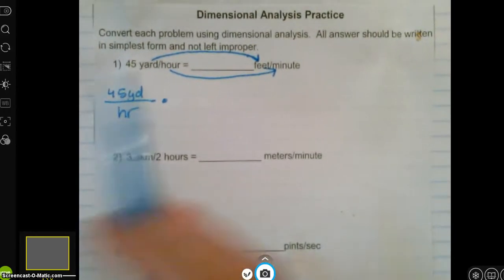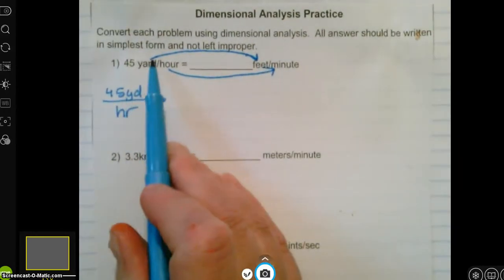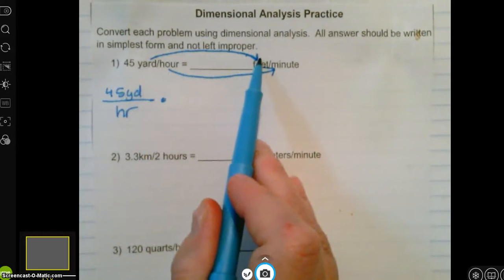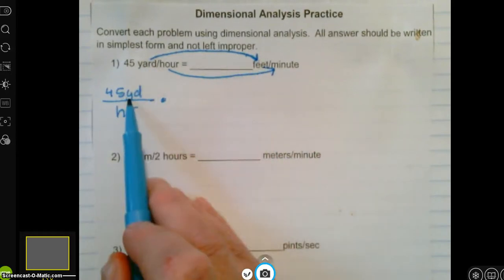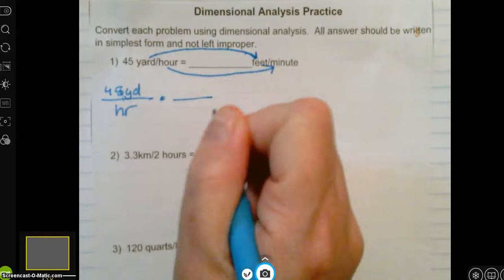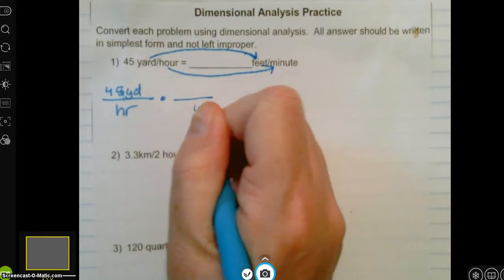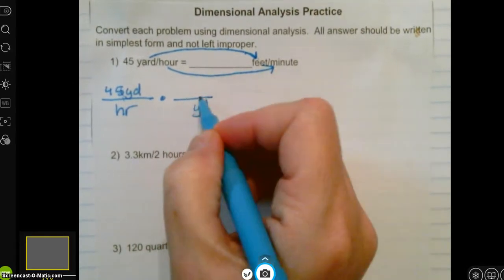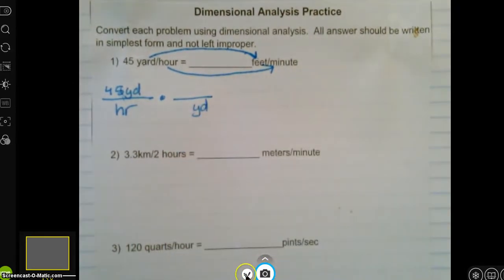So, first thing, remember, yards, I want to change it into feet. So I want to get rid of yards. So I have yards on top. So where will yards go? And then normally I'm going to go on and put feet up here, but let's just make sure it's on our formula chart.